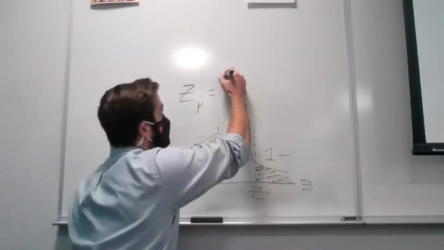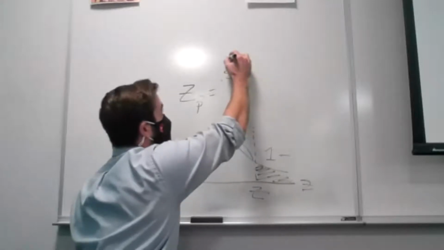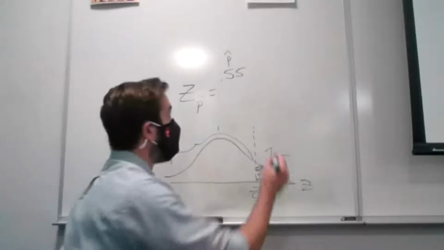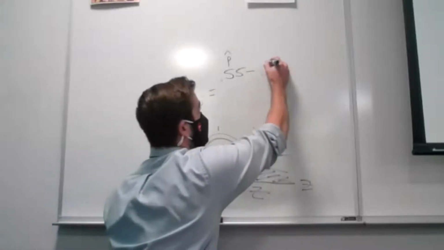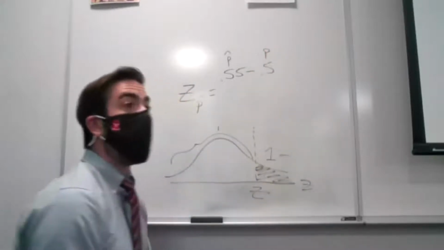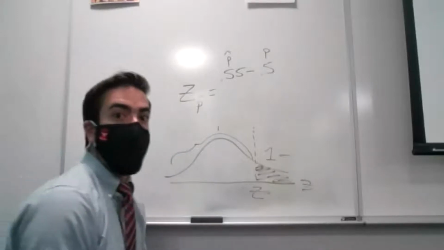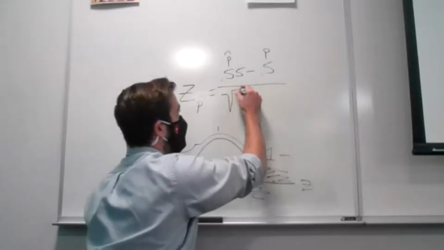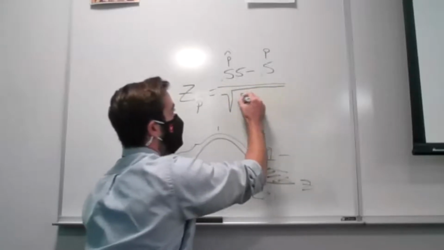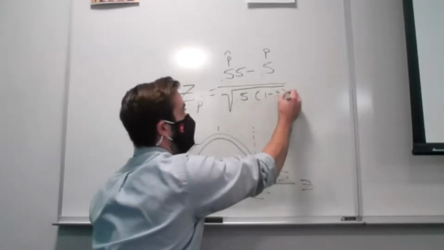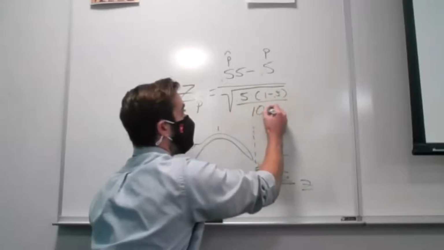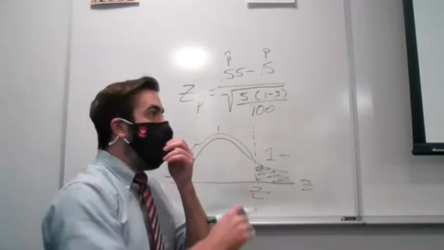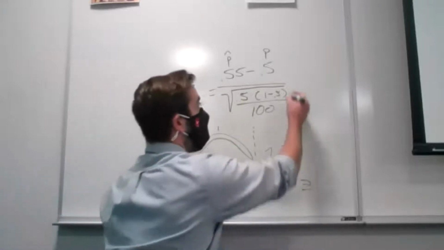We can take that sample proportion cutoff value that we're interested in, subtract the true population proportion, which is 0.5, and divide by the square root of the population proportion times 1 minus the population proportion, divided by my sample size. I'll show you that formula again in just a second. I'm just plugging our values into it.